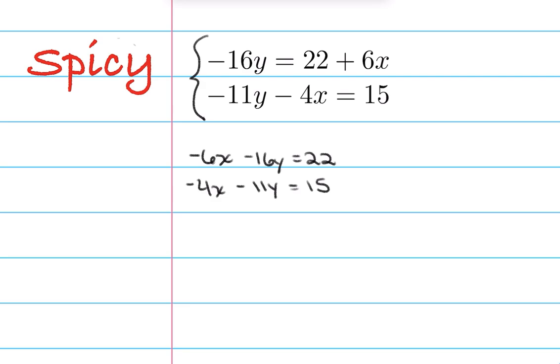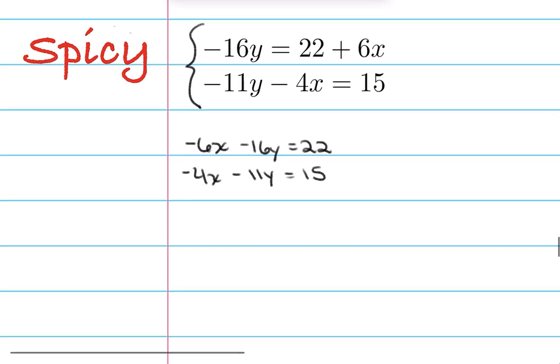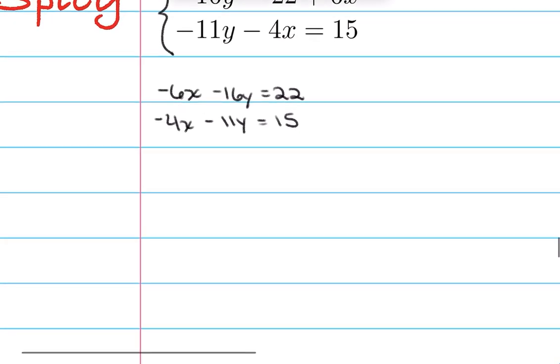All right, I have a negative 6x minus 16y, a negative 4x minus 11y. Looks like I'm going to have to multiply both equations in this one, not just one. Okay, so I think what I'm going to do is I am going to multiply.